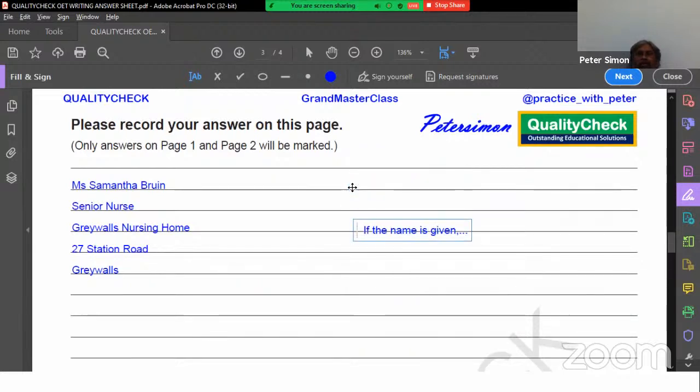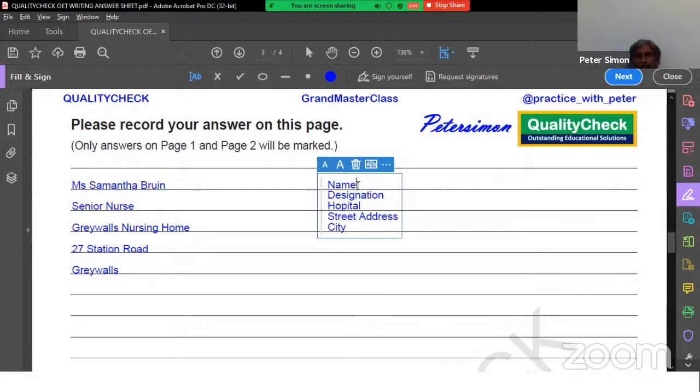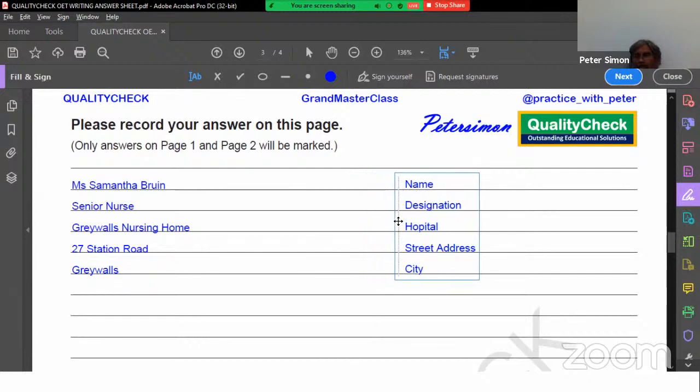If the name is given, here the name is given, it is a different style, where there are different things. Just keeping them aside here.